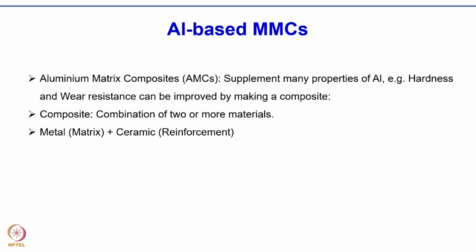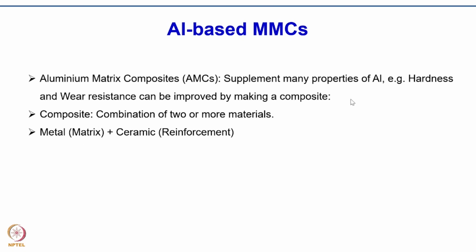If you remember, I had also mentioned in the beginning that this kind of composite materials are made with the objective of supplementing some of the properties of the monolithic metals. For example, aluminum is a softer metal. The hardness is low, and therefore the wear resistance is also low, right?